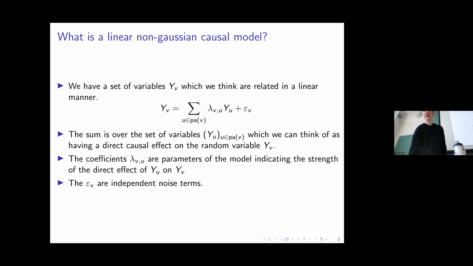So what is a linear non-Gaussian causal model? We assume that we have a set of variables, y, and they're related in a linear equation like this. The sum is over all sets of variables y, which we can think of as having this direct causal effect on yb.